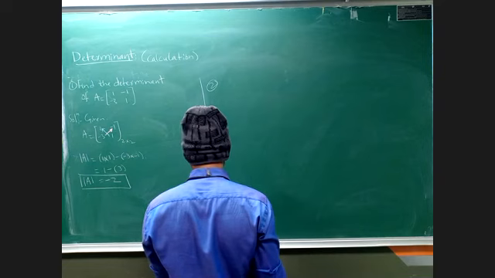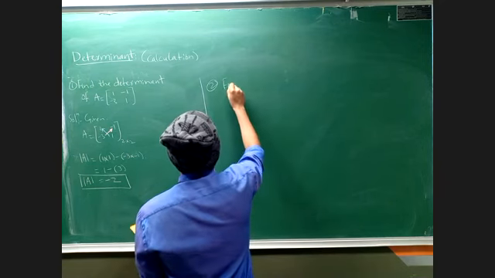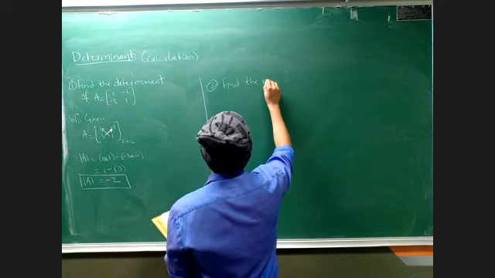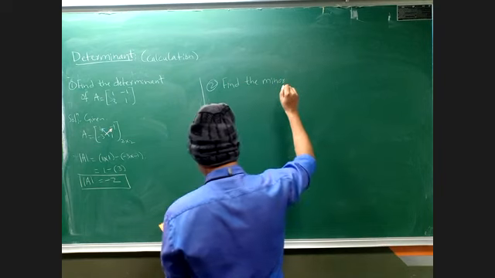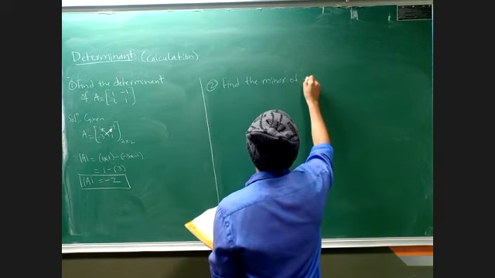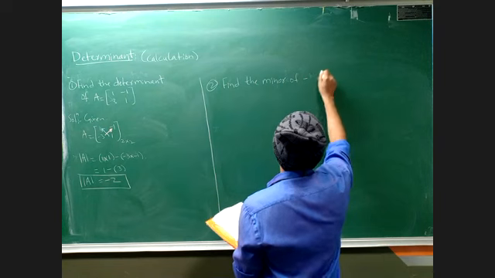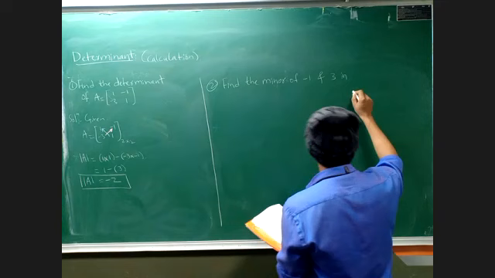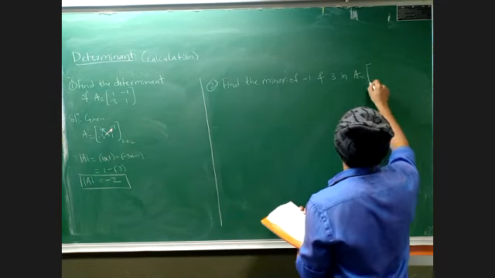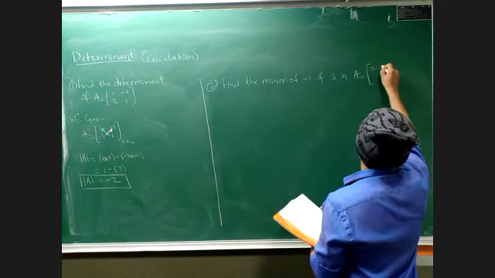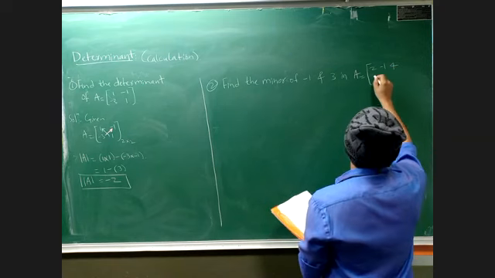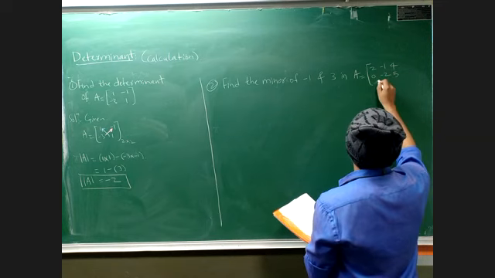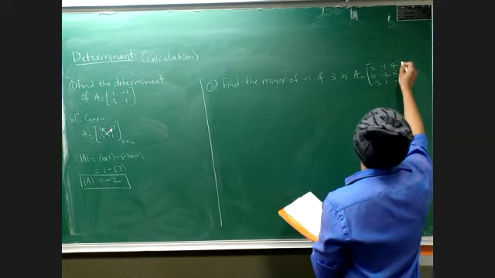Find the minors of -1 and 3 in matrix A, which is 2 -1 4, 0 -2 5, and -3 1 3.